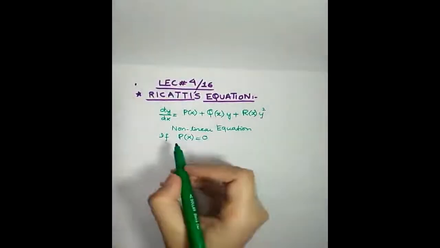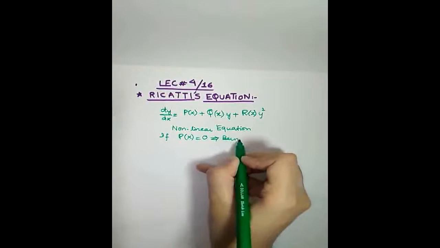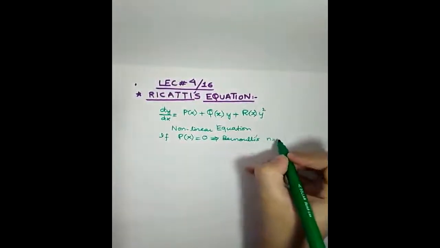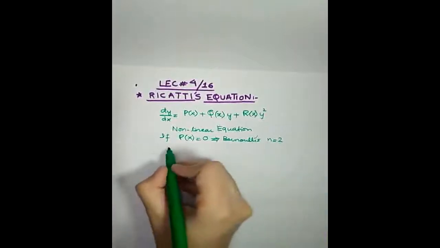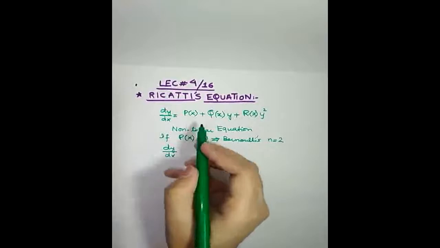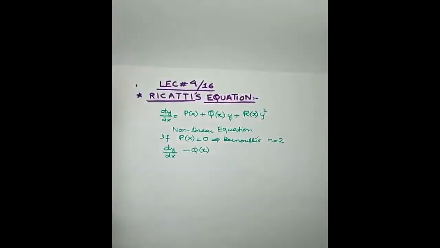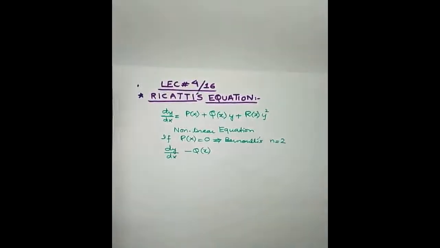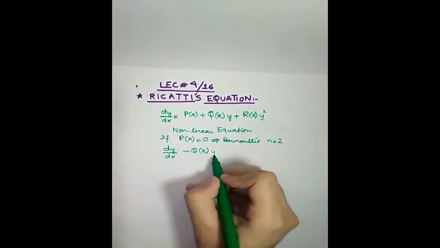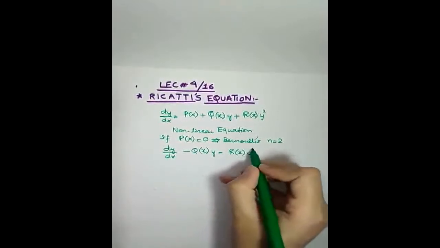If p of x equals 0, then it becomes a Bernoulli's equation of order 2, like this: dy by dx minus q of x, which is any coefficient function, y equals r of x into y square.